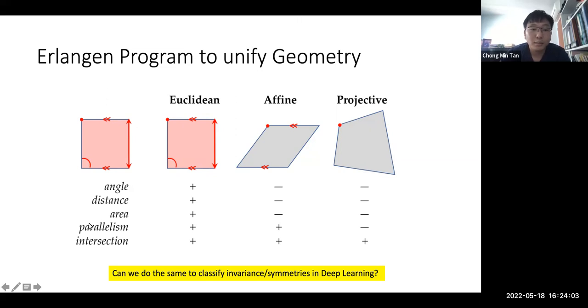So basically all this is some ways to classify these different shapes, geometrical structures, and then it finds a way to unify all of them. So similarly in deep learning, we can try to find these invariances and symmetries, okay, to characterize the structures and use them in new structures as well.